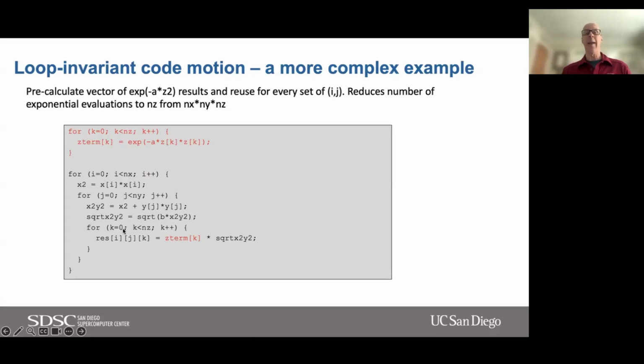And then instead of doing that calculation over and over each time within the innermost loop, I'm just going to refer to the element of that array. Doing these kinds of optimizations in the code gave us a speedup of about 40 to 50x.